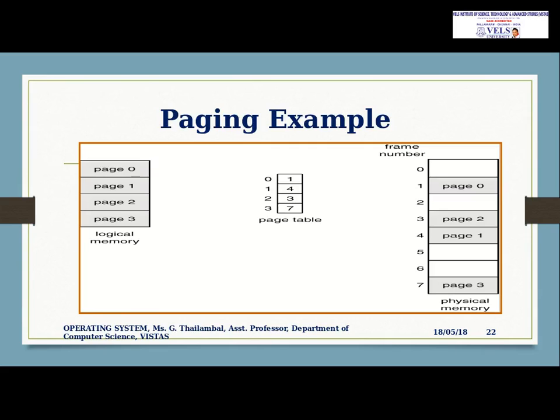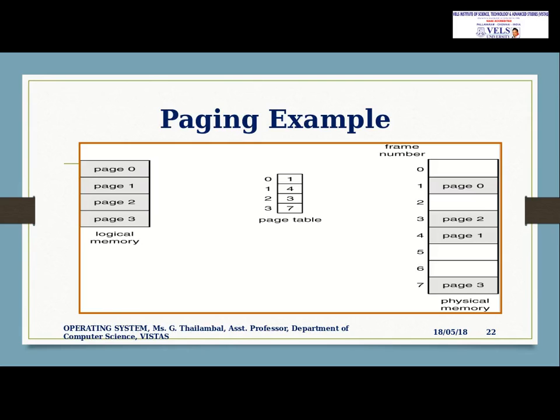You check the first frame, it is having page 0. And page number 1 is residing in frame number 4. You check frame number 4, you could find page 1. Similarly, page 2 is residing in frame number 3. You check frame 3, you could find page 2. Similarly, all the pages will be accessed.